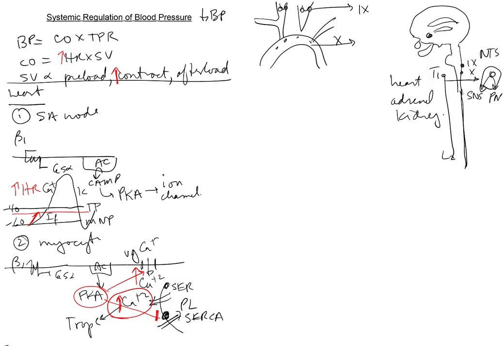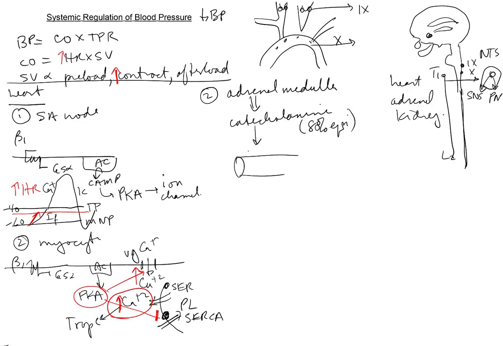The second organ to consider is going to be our adrenal medulla. This is directly stimulated from the nucleus tractus, and it's going to release catecholamines, about 80% epinephrine. And catecholamines are going to go to our blood vessels, where they're going to have the alpha-1 receptor, a GQ receptor.